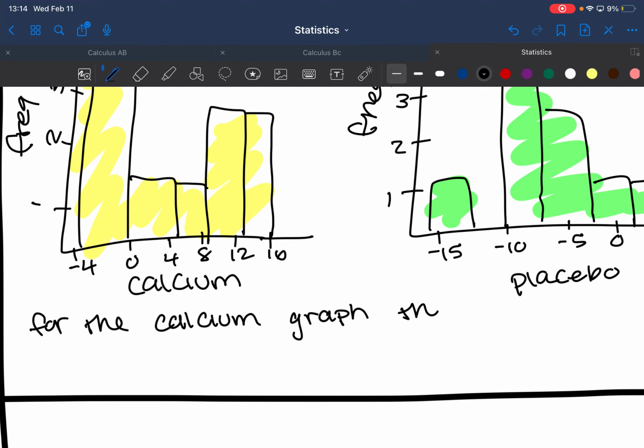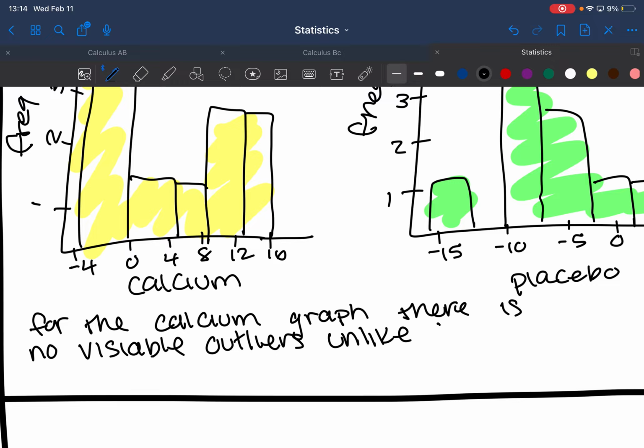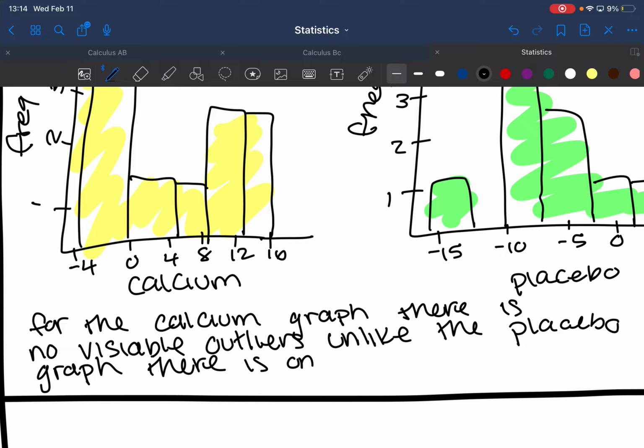Communicate. So if I go to Desmos, okay, I'm going to go to add an inference, and I'm clicking on t-test. I'm going to put in both my sample data lists. So C for the calcium, click on the plus sign and do P for the placebo.